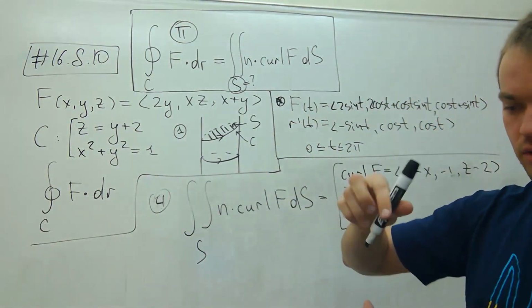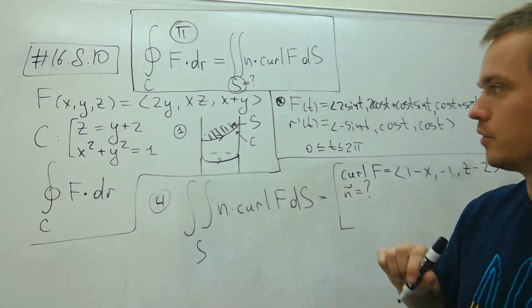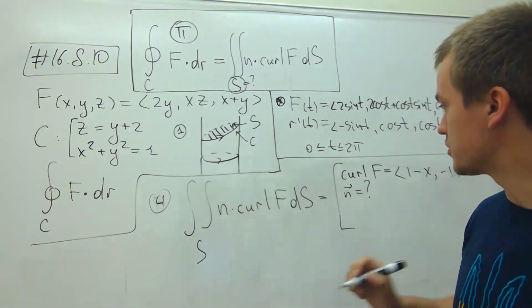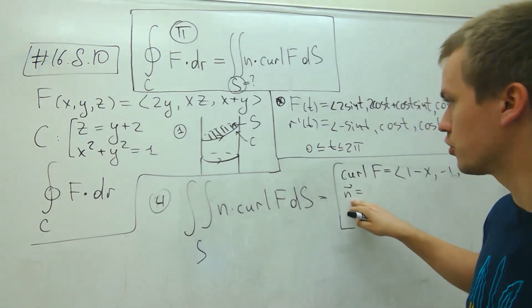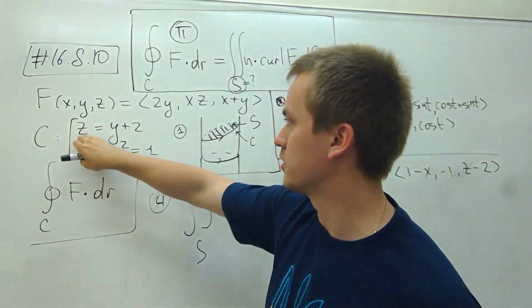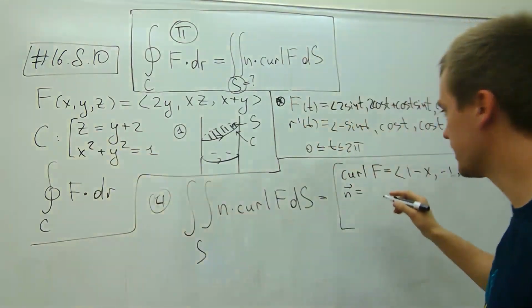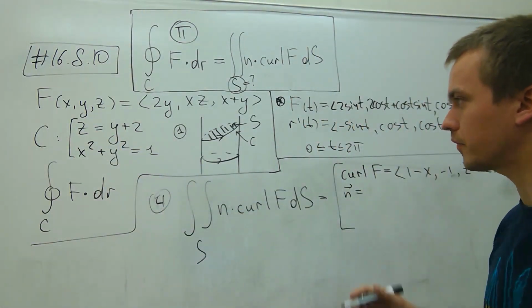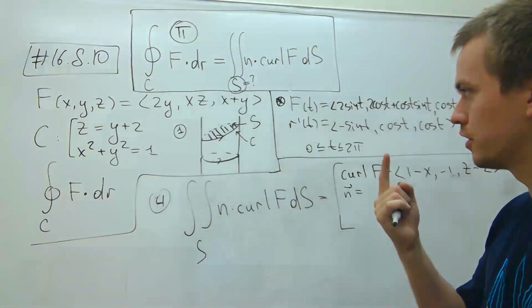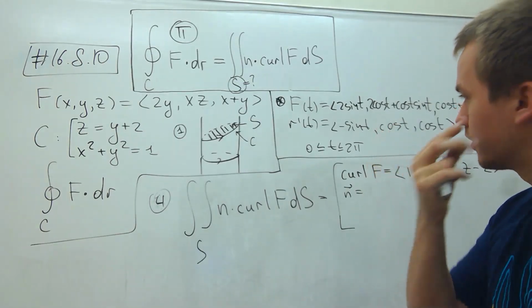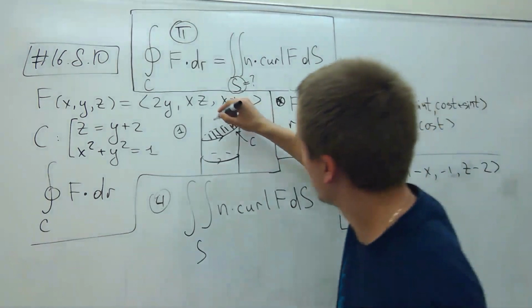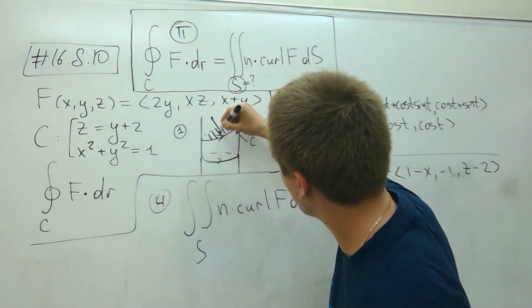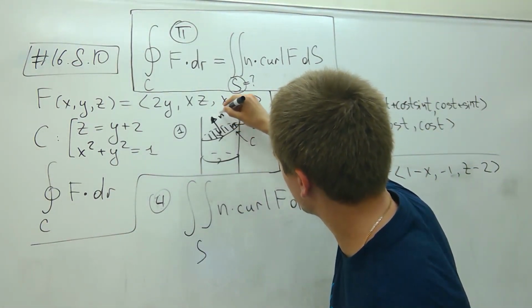So for the plane, my gradient is going to be a normal vector. But I want this normal vector to be a unit one. So I will extract my unit normal by taking the gradient of this function. And I need to choose a positive orientation, because when I go counterclockwise, let me draw a picture. I want my normal vector to be in this direction.